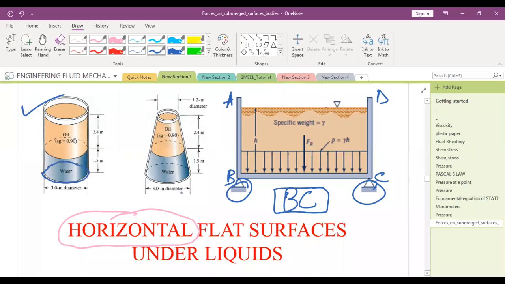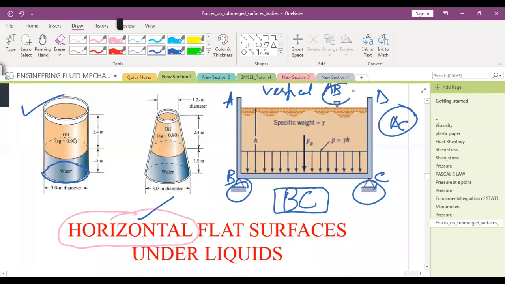I asked about horizontal. Okay, sir. Horizontal is BC, vertical is AB and DC. These are vertical surfaces that are submerged. Not DC. I should mark this as A and this as D, because only this portion is submerged.